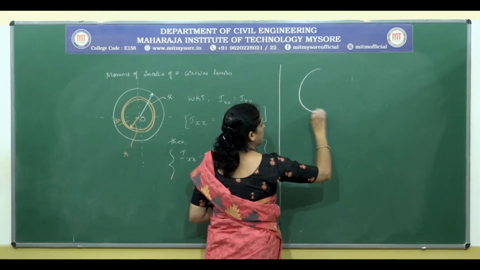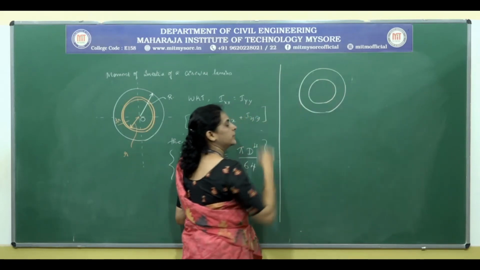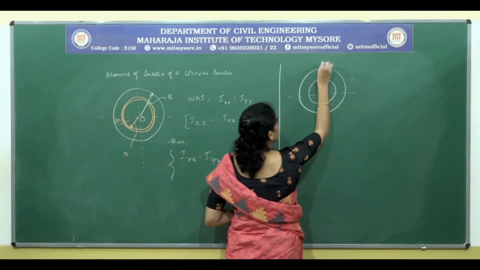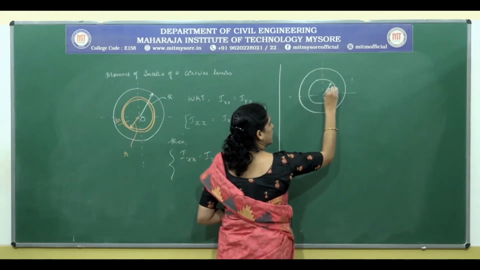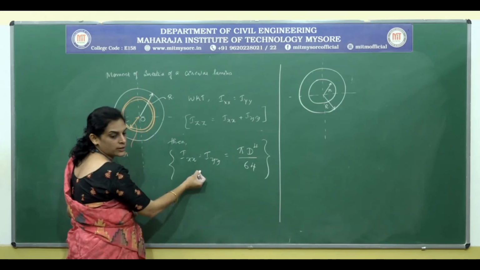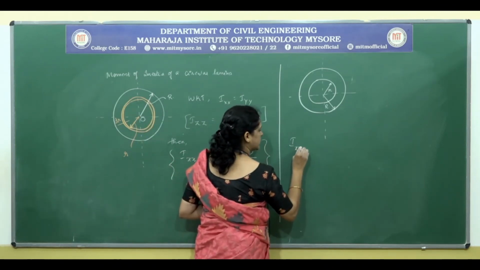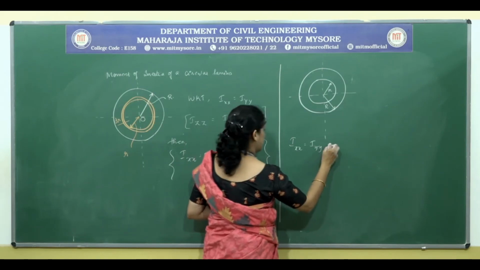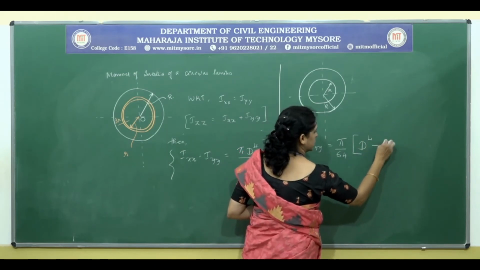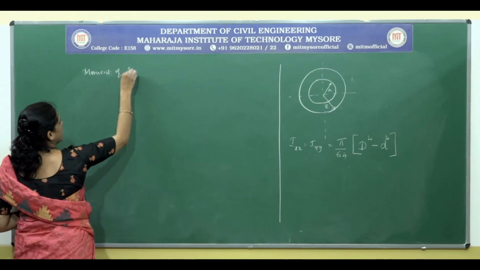See, if we consider a hollow circle, then R here is the capital R, then this expression will take the form of Ixx is equal to Iyy is equal to pi by 64 into d to the power of 4 minus d to the power of 4.